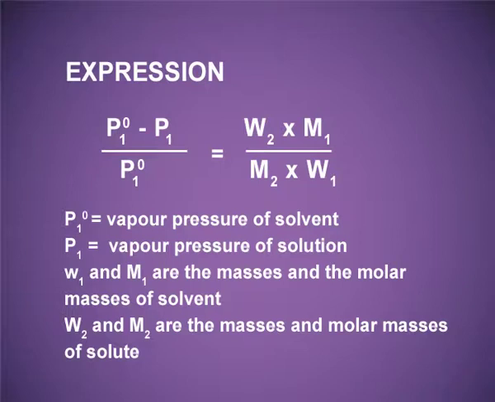P1 is the partial vapor pressure. The component 2 is the solute. Now you can see from the formula that it is molality, W2 into M1 divided by M2 into W1. So, the more the number of solute particles, the more will be the lowering in vapor pressure.